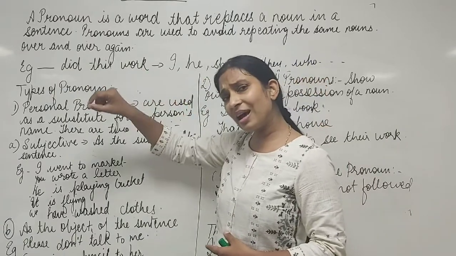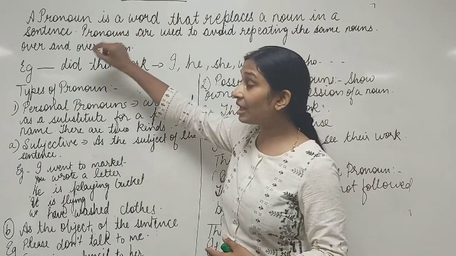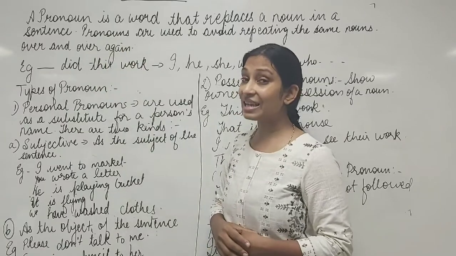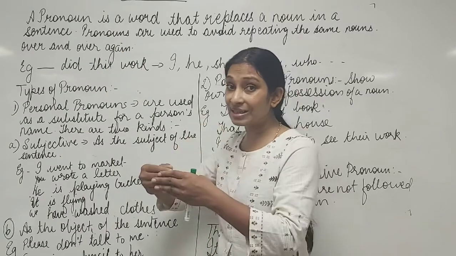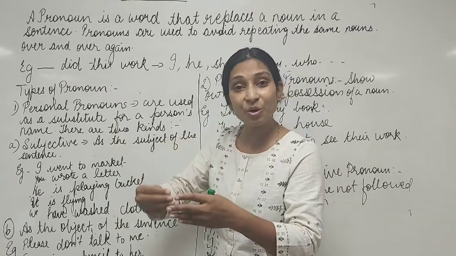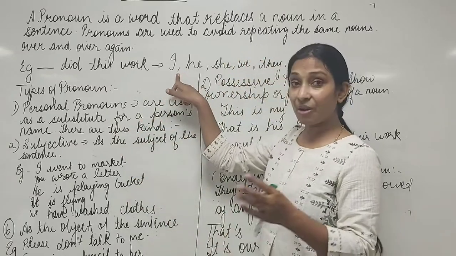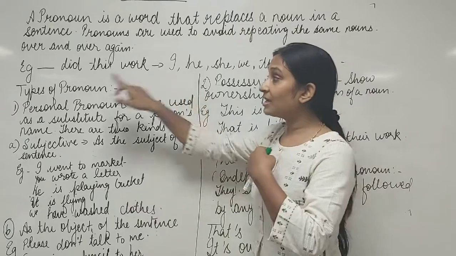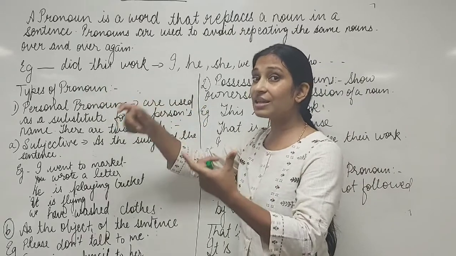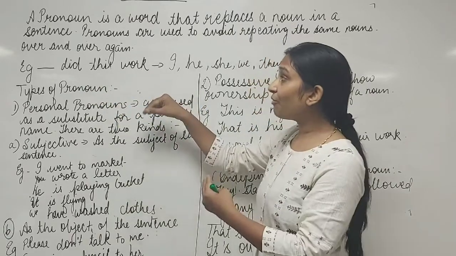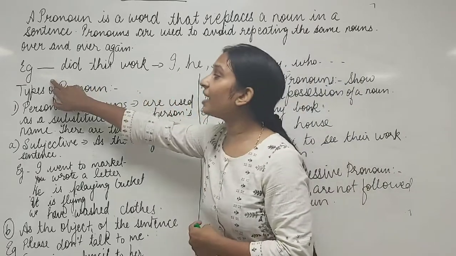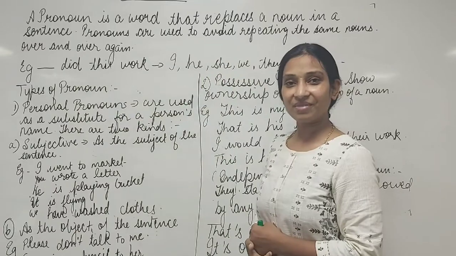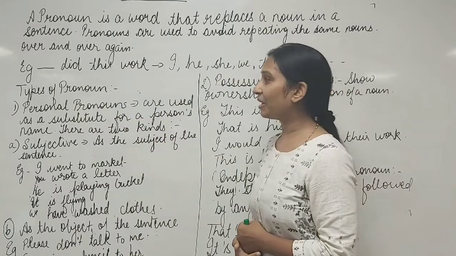But can I replace the name of a person over here? Yes, I can do it. And when I replace the name of a person, it will become a pronoun. How? If I am putting I instead of Seema. Seema did this work. Seema here is a noun, isn't it? Now if I replace Seema with I and I say I did this work, so here I will be a pronoun.